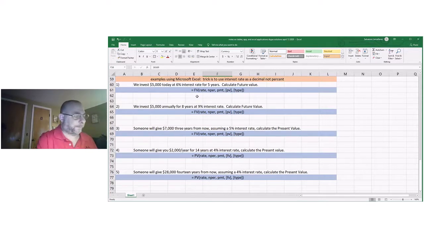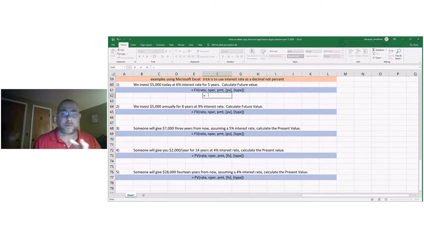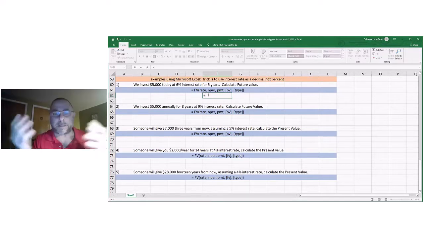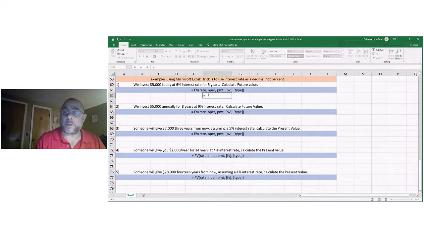For example, as soon as you type an equal sign in Excel, you're automatically going into that math realm. If we want to do equals sum, it'll start asking you what you want to add. But I'm going to do equals FV, and look what it says: returns the future value of an investment based on periodic constant payments and a constant interest rate.